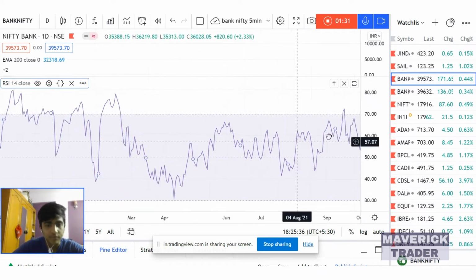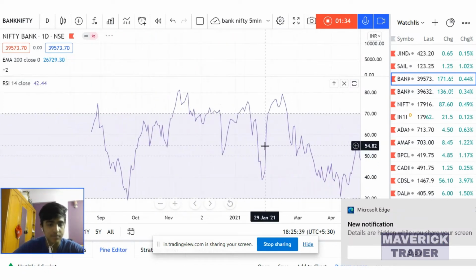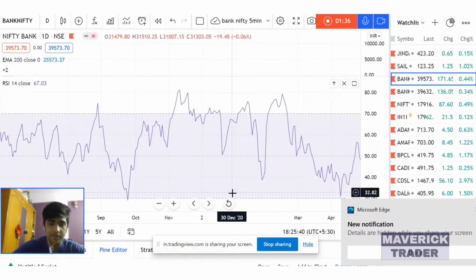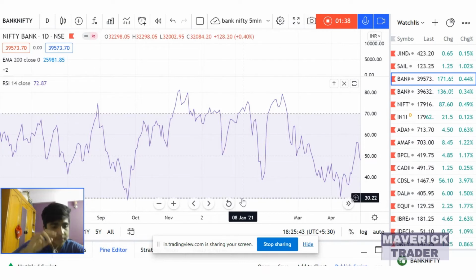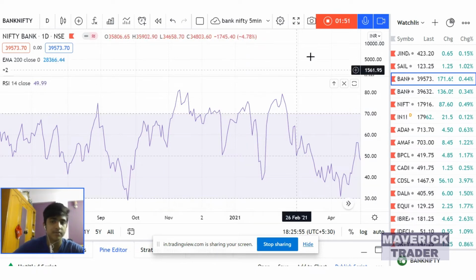Now if the RSI is below the 30% zone, the stock is oversold. This acts as a signal for traders to buy, because there's an excess of sellers and now buyers are going to come into the market, which will lead to the stock moving upwards.